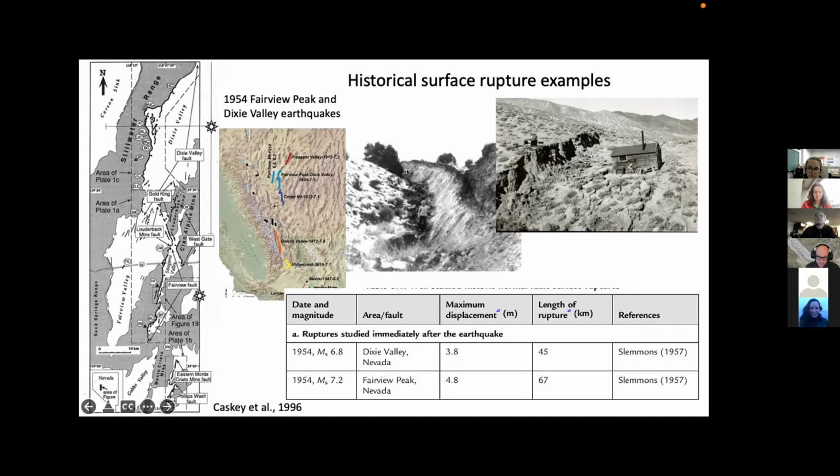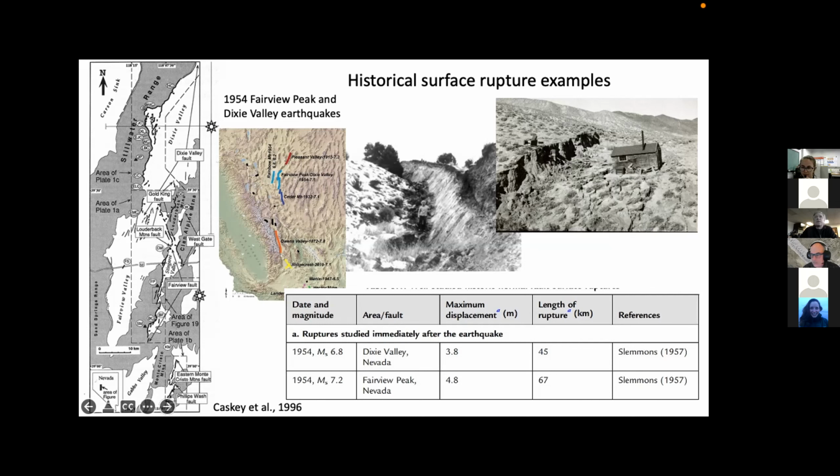And here's some of the scarps. The middle photo is the scarp of the Fairview Peak. It's about a 2-meter scarp, and it actually had some lateral components to it as well. It was almost 1-to-1. So that's something to think about when you're mapping normal faults. You know, in Nevada, they're primarily normal displacement, but we are at a plate boundary, where California is moving to the northwest, right?